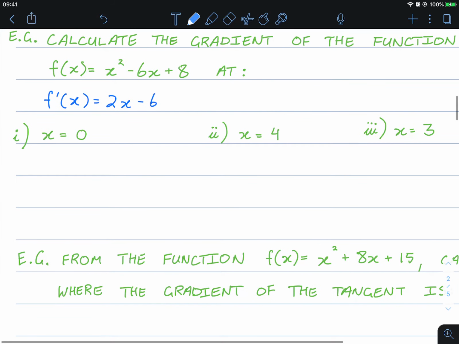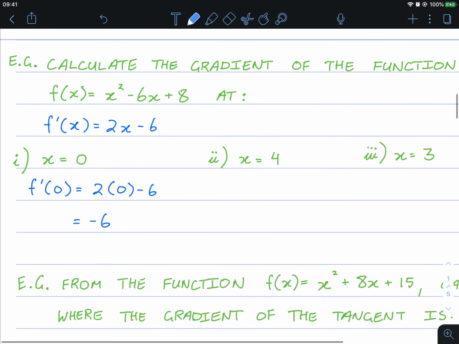Now if we want the gradient at x equals 0, we substitute 0 into the derivative. 2 times 0 minus 6, that's just minus 6. So the gradient at this point is negative 6.